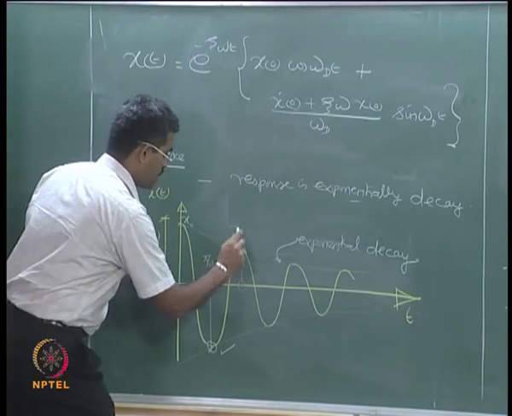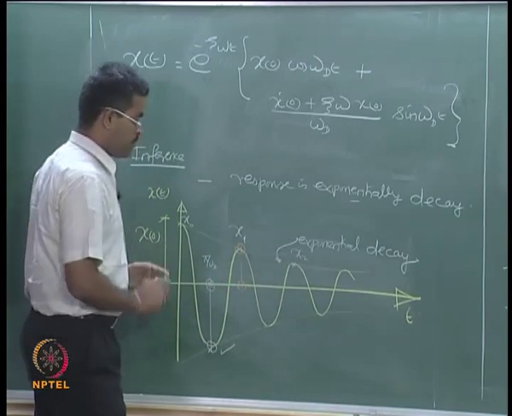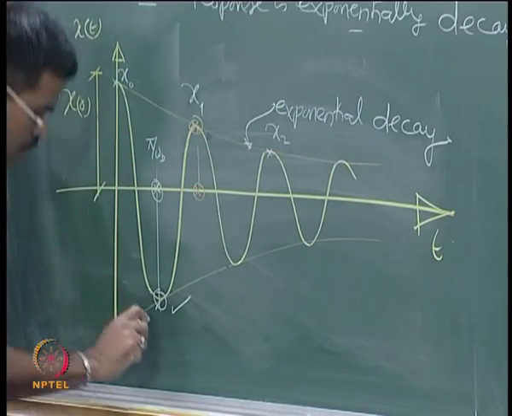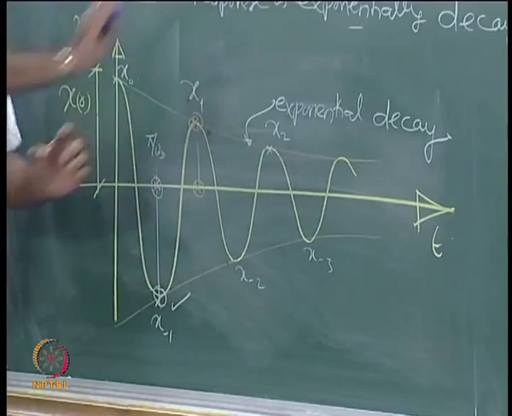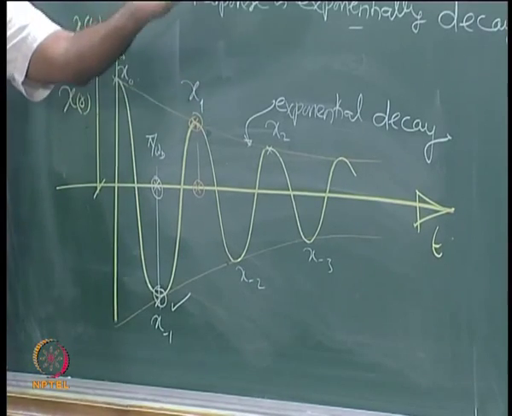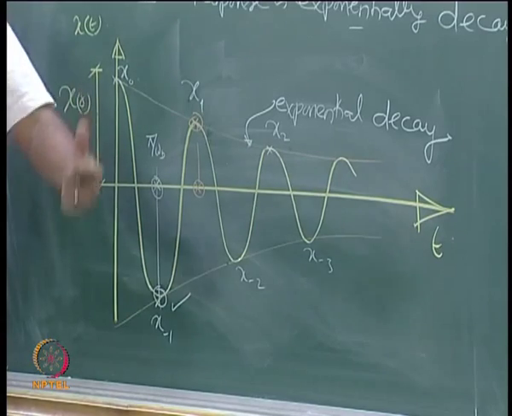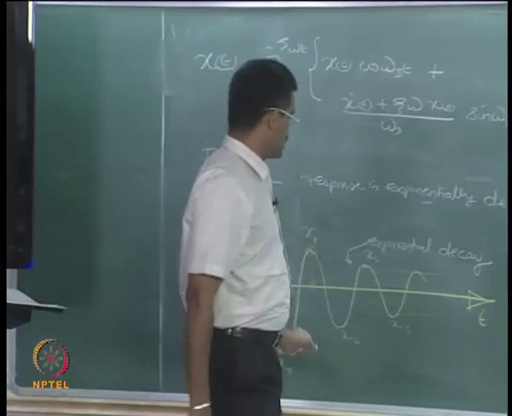I call this x1, I can call this x2, I am sequentially numbering them as positive peaks, and can call these x minus 1, x minus 2, x minus 3 and so on. So negative indicates they are all negative peaks, positive indicates they are all positive peaks, and the number indicates they are successive peaks. Okay. So I can rewrite it slightly in a different manner.